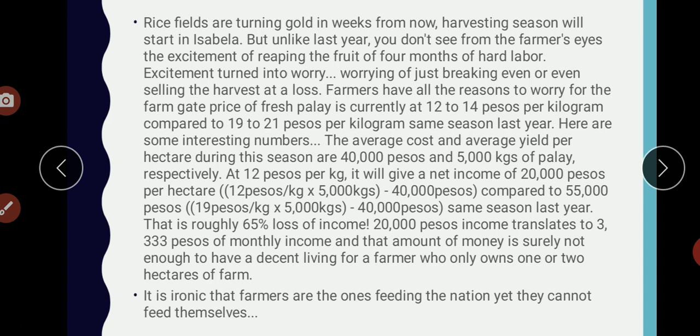So if you sold the 5,000 kilograms, it will give you a yield of 60,000 pesos minus the cost of production, which is 40,000. So you only earned 20,000 per hectare. So that is why the farmers were asking the government, or particularly the congressmen or senators, to have a minimum price for the rice.